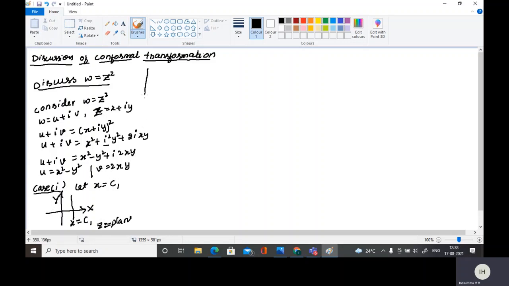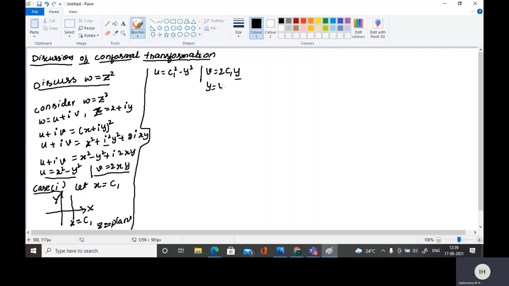Now we are going to find what is the image in the W plane for the straight line parallel to y-axis. So we have to substitute x equal to c1 in these two equations. So u is equal to c1 square minus y square and v is equal to 2c1 into y. We have to eliminate x and y.